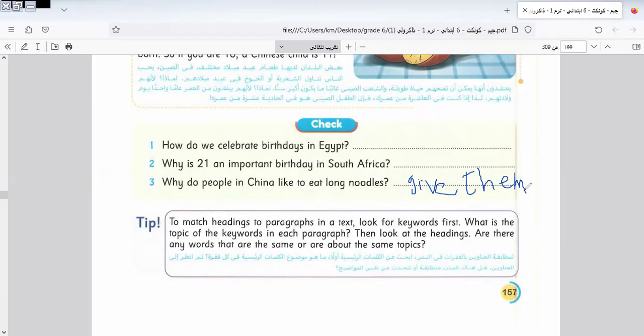I think because the noodles are long, so it expresses long life. Okay, long life. Let's go to another one.